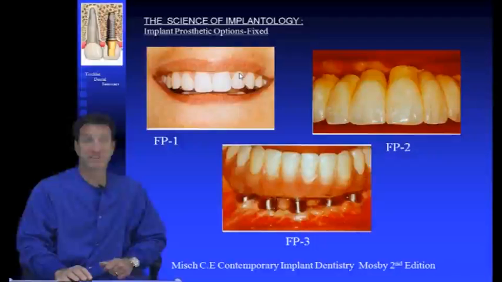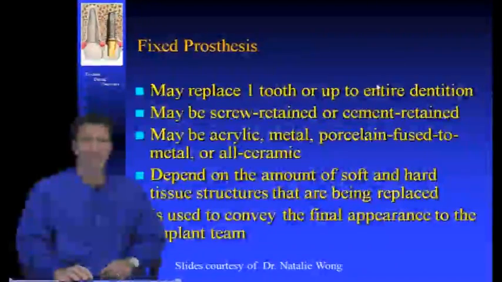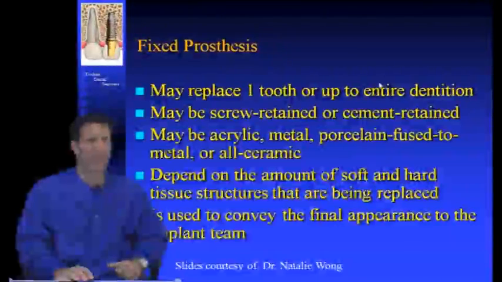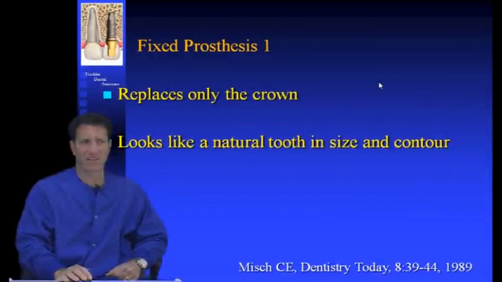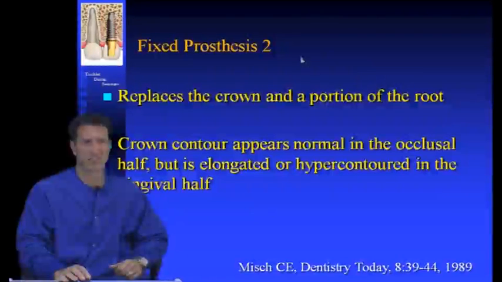FP1 replaces only the crowns, looks like a natural tooth in size and contour. FP2 replaces the crown and the portion of the root. And the crown contour appears normal in the occlusal half, but it's elongated or hypercontoured in the gingival half, and that's what we have here. I would much rather deal with an FP1 situation. It's much more natural, just like natural teeth.